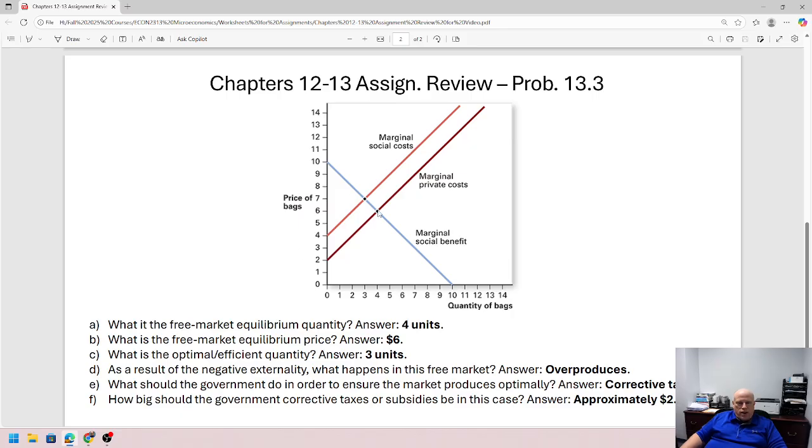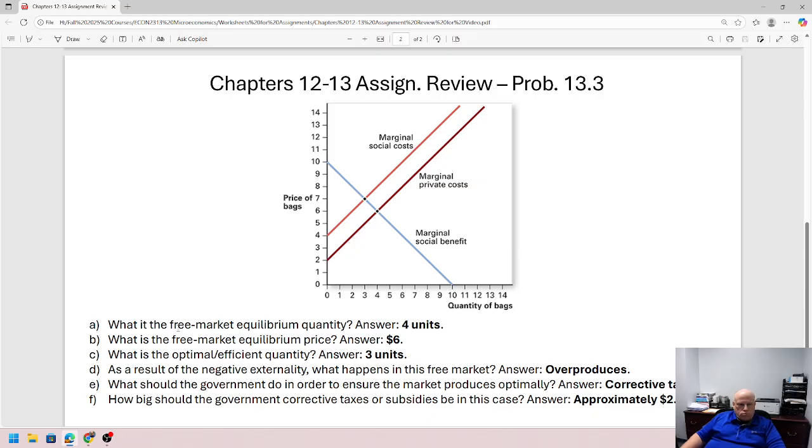And so all we would have to do there is look at that point that we just figured out for 4 units, and then just look at the y-axis where the prices are. And that associated price is $6. So it's $6 per unit is the free market equilibrium price.